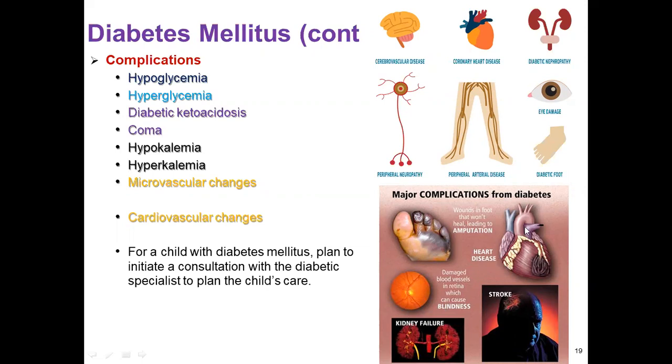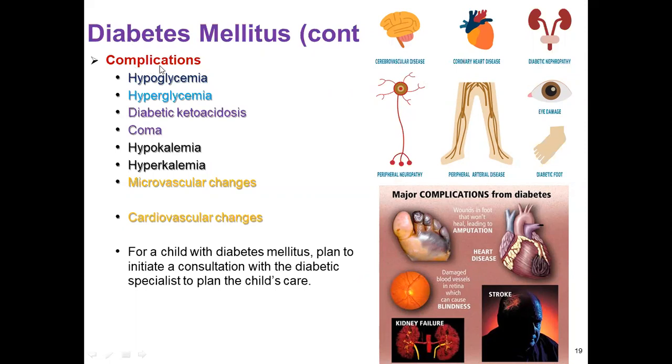In the heart, silent MI, heart disease or brain stroke. Here in this picture showing the kidney, diabetic nephropathy, and showing the brain, cerebral disease or stroke. Also coronary heart disease, silent MI, means MI develops without any sign and symptom, dangerous for the patient.